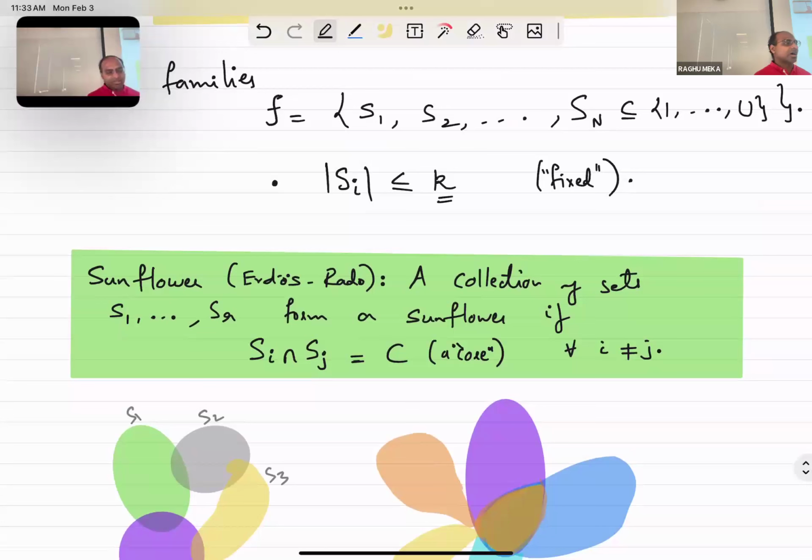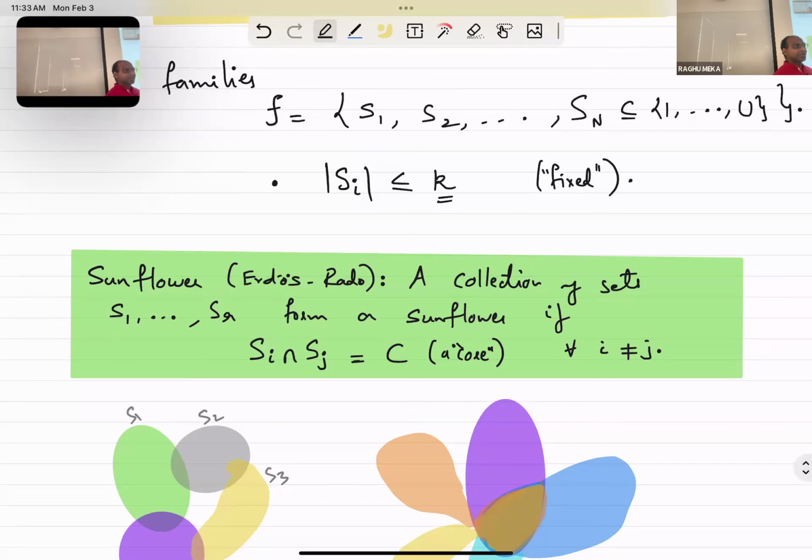So like, let's say, R is 3, 2 is trivial, there's no condition. Even a sunflower of size 3 is not trivial. I tell you, okay, K is fixed. You start picking sets one after the other. How many sets do I need to see before I'm guaranteed to find a sunflower in the sets that you picked?